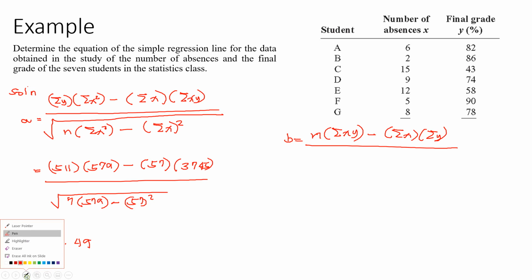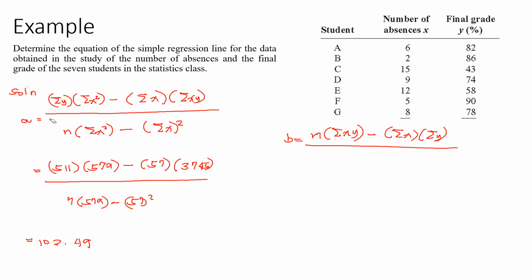Let me delete. There would be no square root here. So here you have n times the summation of x squared minus the squared of x.